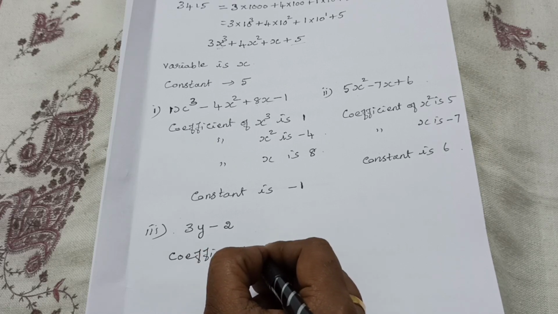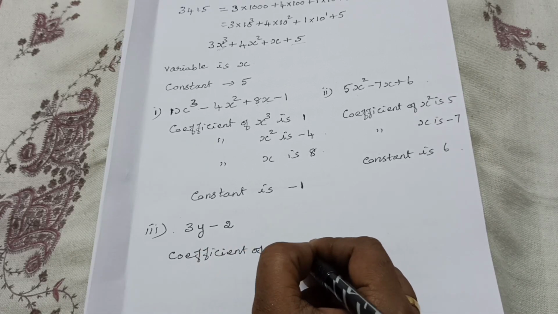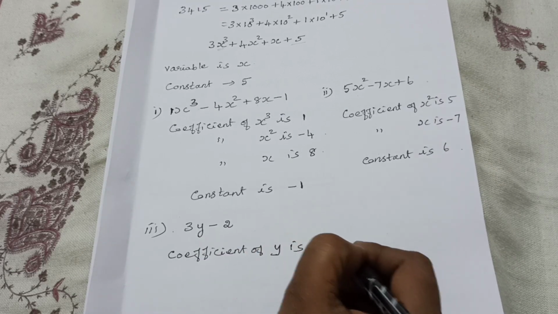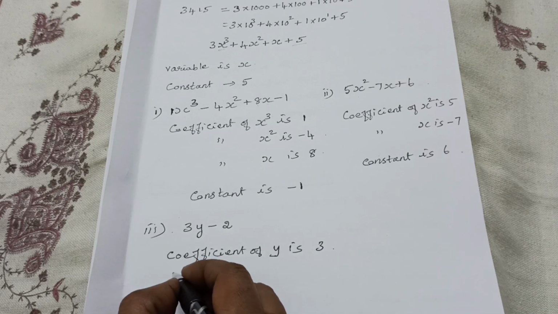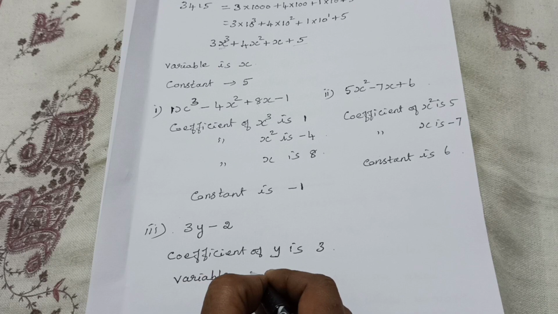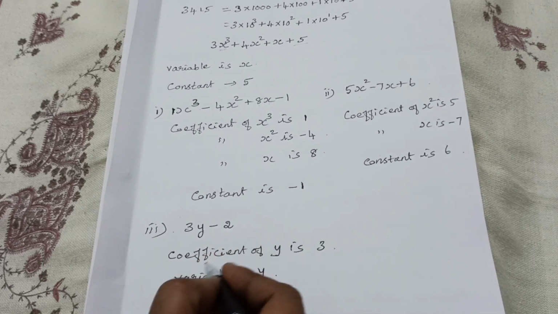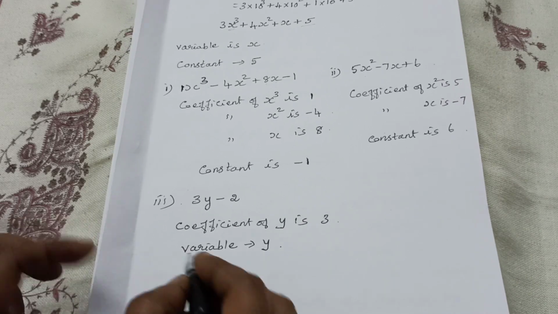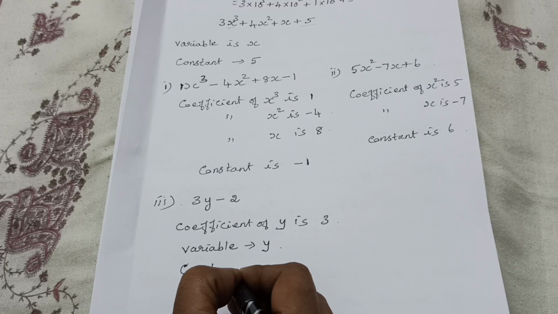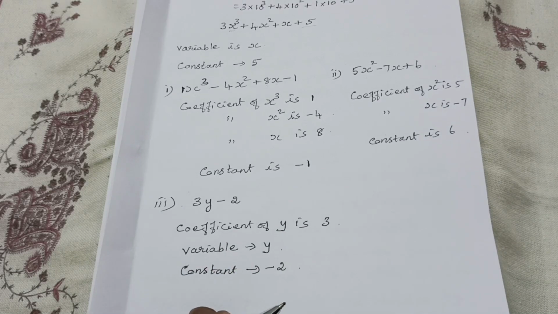Coefficient of y is 3, isn't it? Which is the variable here? Y is the variable. Then which is the constant here? Constant is minus 2. Have you understood?